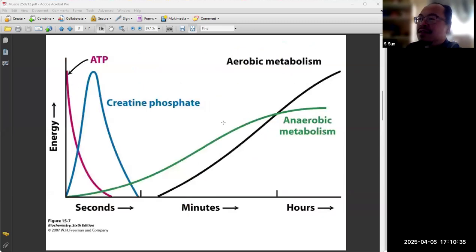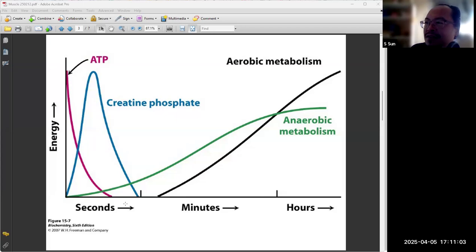So this is a table showing you the sequence of the energy usage by active muscle. Muscle will very quickly run out all the ATP in the muscle. And then creatine phosphate will be used as a secondary resource for muscle to use.